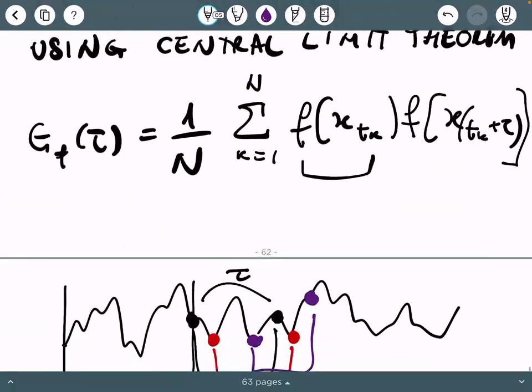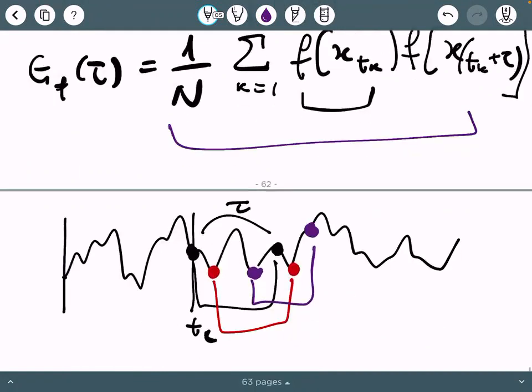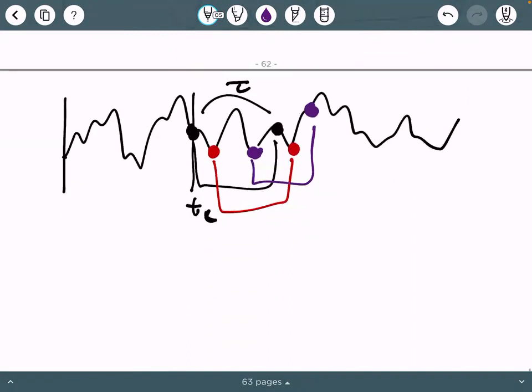So a way to compute this thing is through this average when I take n to infinity by central limit theorem. So this is really a time autocorrelation function of the function f.